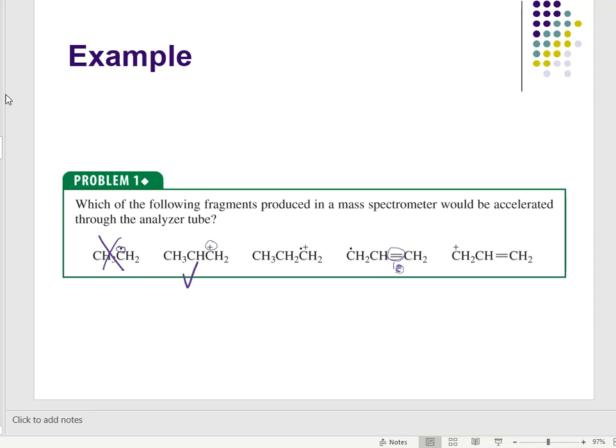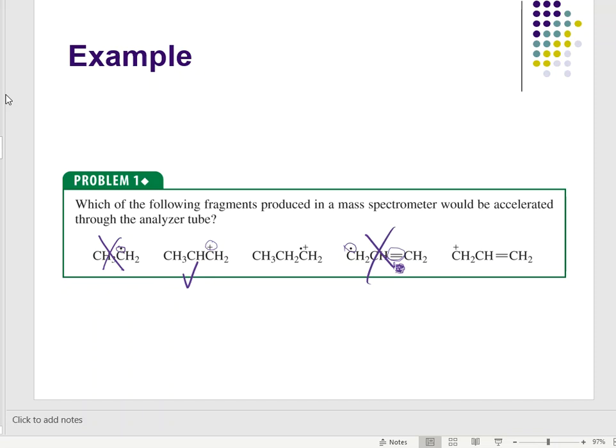So we really can't look at those areas to help make our decision. What I see here is a radical, one electron that is going to cause a negative charge. And we know that unless these things have positive charges, they're never going to see the daylight. So that one gets crossed out.